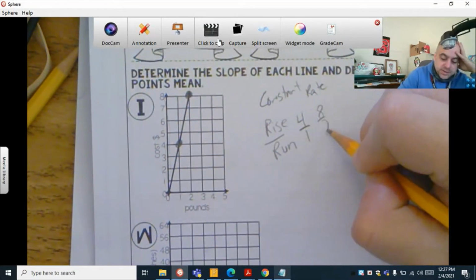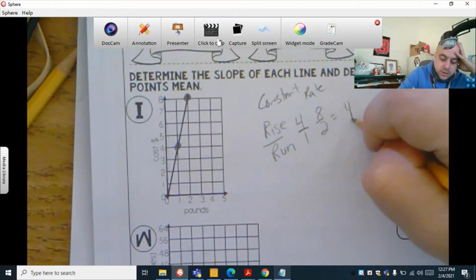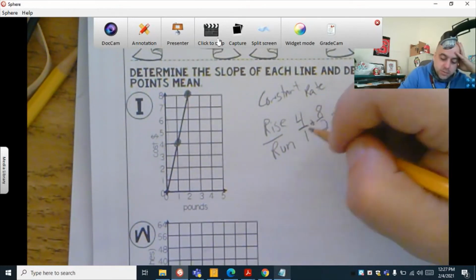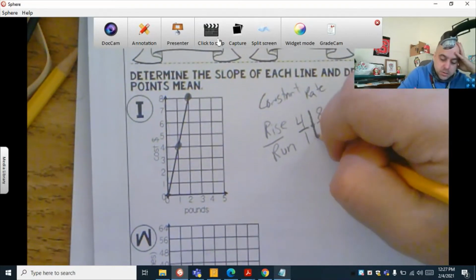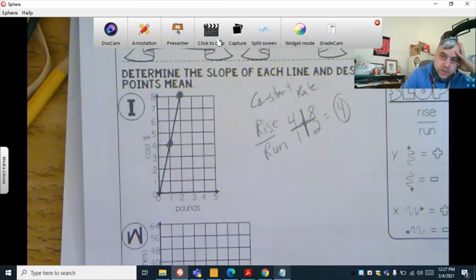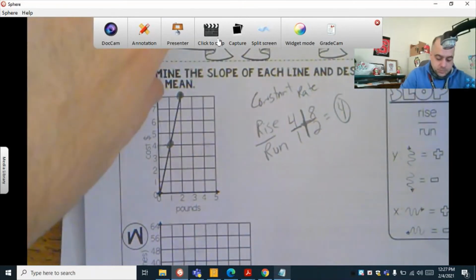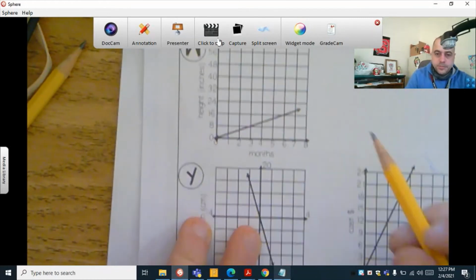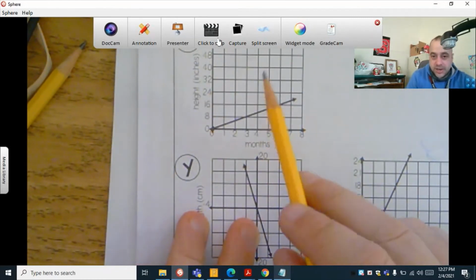If we don't get the same answer, we know we did it wrong. But we know that 4 over 1 is 4, and 8 over 2 is also 4, so we know we did it right. Okay? I want you to do this one on your own. It's going to be a fraction answer, okay?